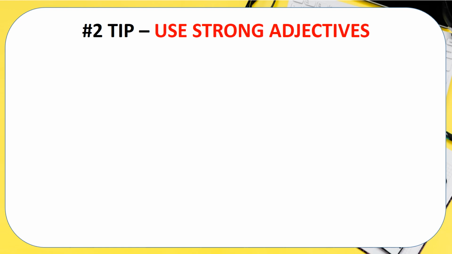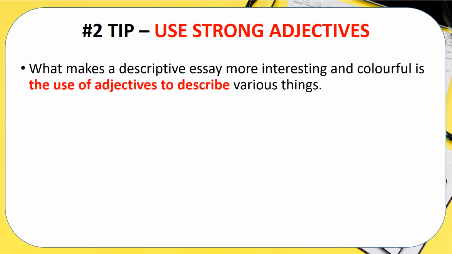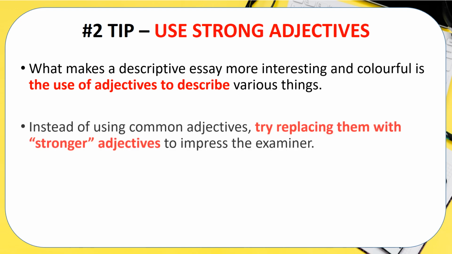Now let's look at tip number 2, to use strong adjectives. What makes a descriptive essay more interesting and colorful is the use of adjectives to describe various things. Instead of using common adjectives, try replacing them with stronger adjectives to impress the examiner.